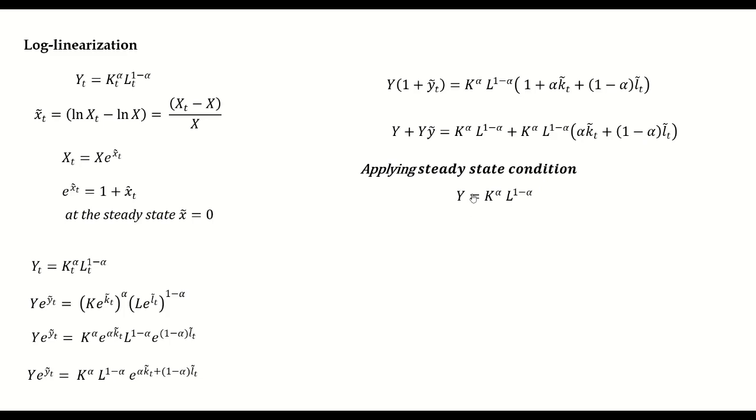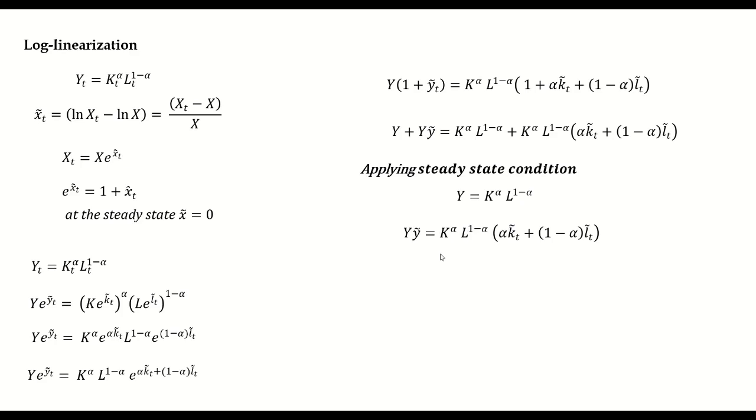The next step is that we will use this steady state condition in this expression. Once we use that, these two terms will cancel out and we will be left with this expression. Again, we can apply the steady state condition over here. We know that k raised to the power alpha l raised to the power 1 minus alpha is equal to y.